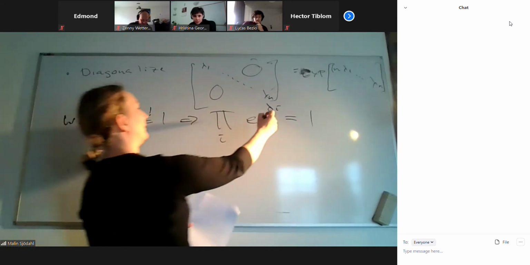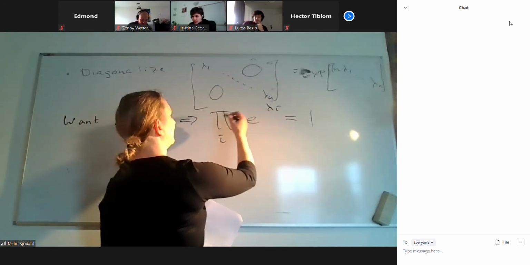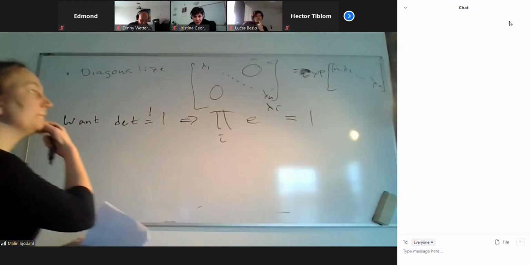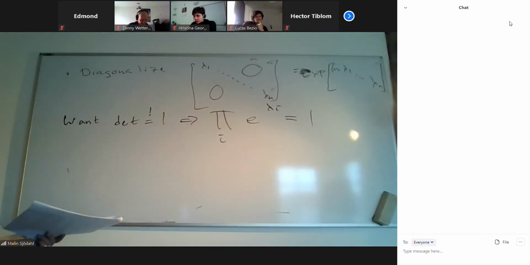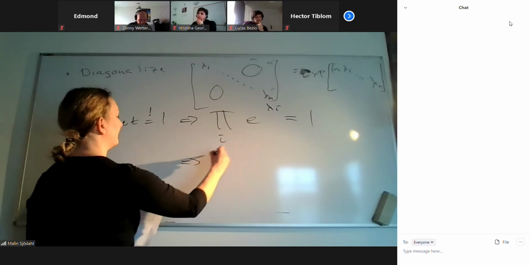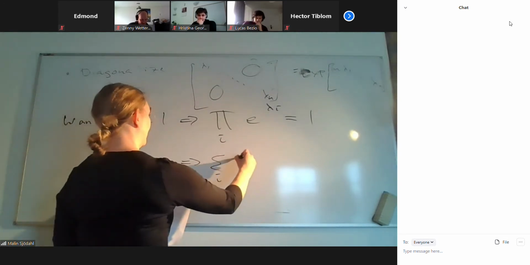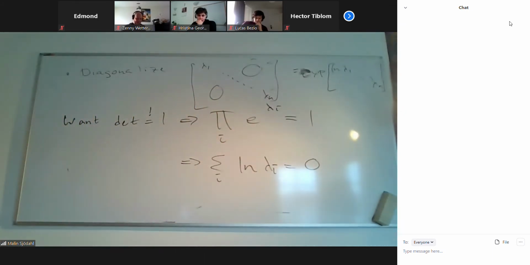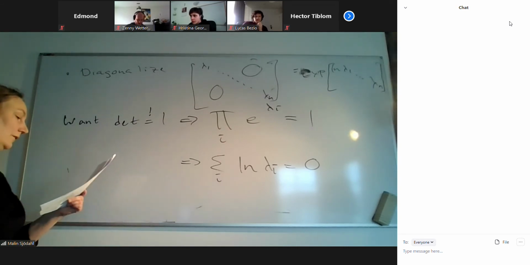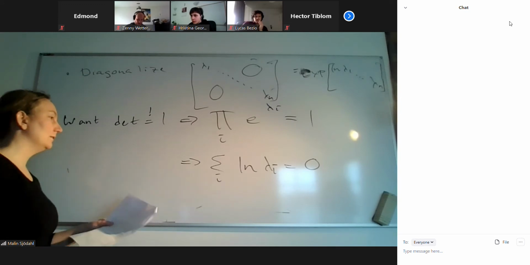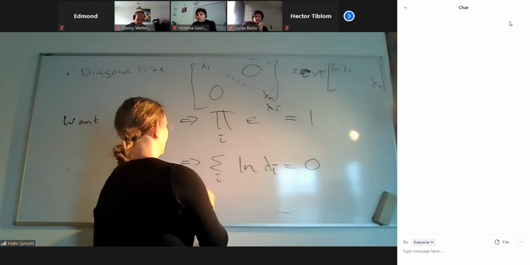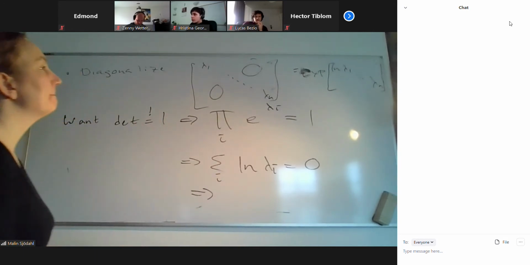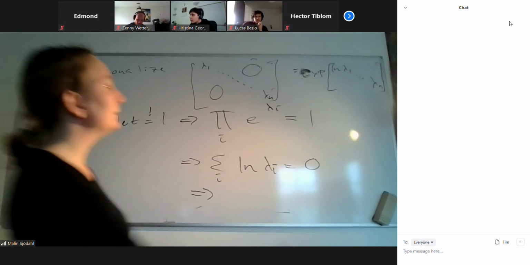And this means that whatever stuff I have in the exponent must add up to 0. So this implies that the sum over i of log lambda i is equal to 0. What should we call it?